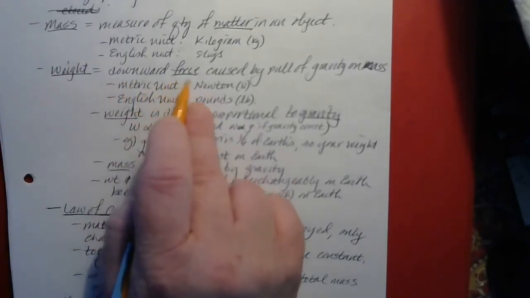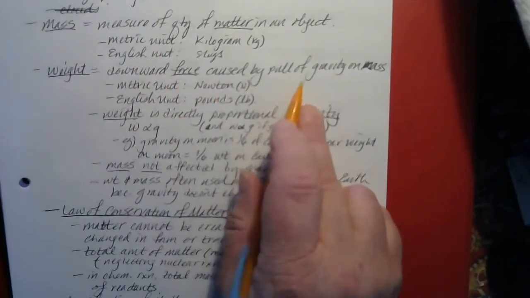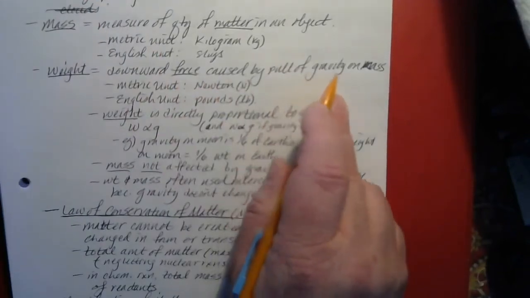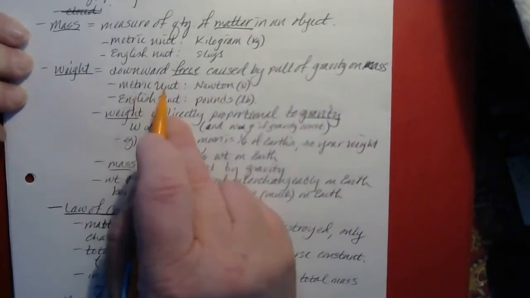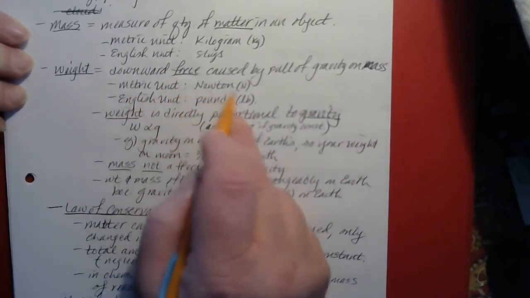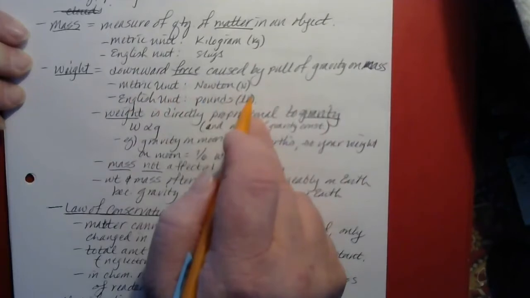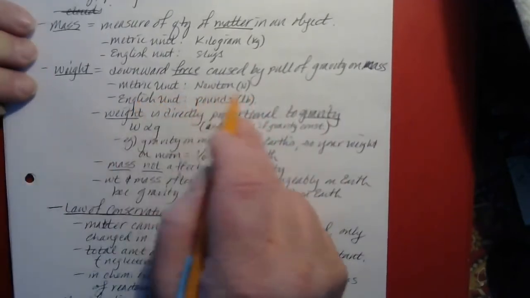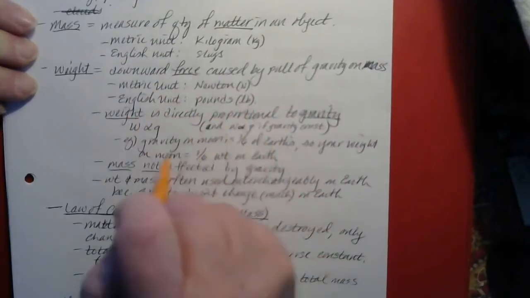It's a downward force caused by gravity pulling downward on your mass, or on the mass of an object or sample of objects. The metric unit for weight is actually newtons. Newtons are the unit for force in the metric system, and weight is a force. So you would use newtons for weight in the metric system, but the English unit is pounds.